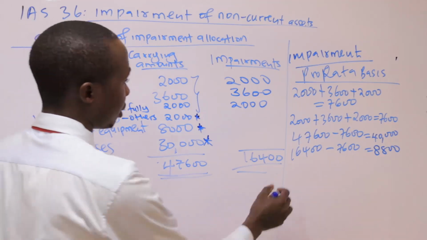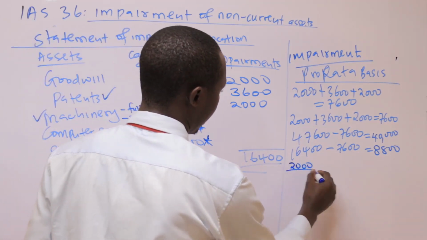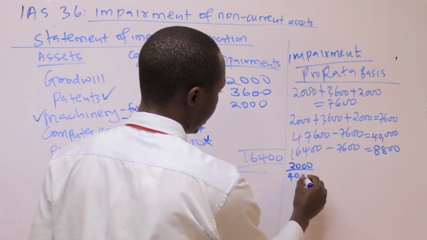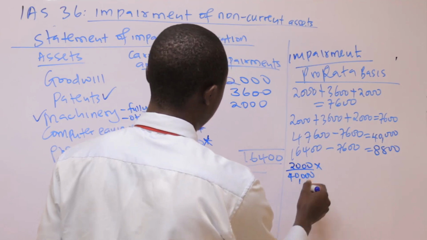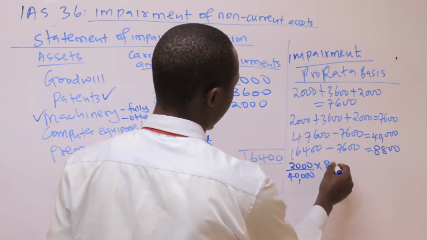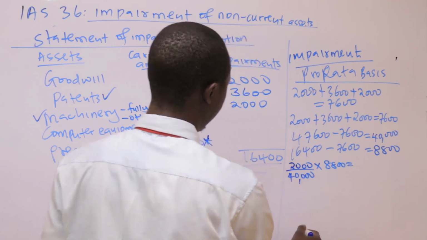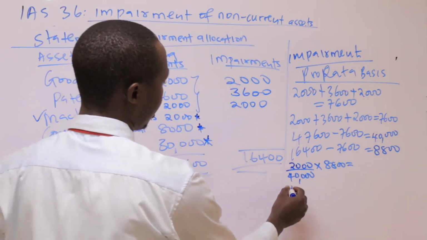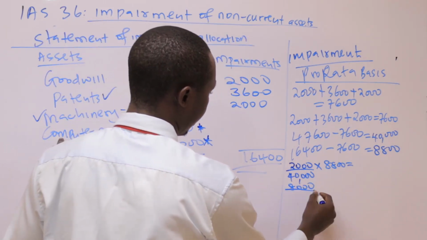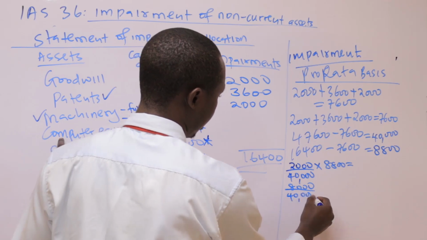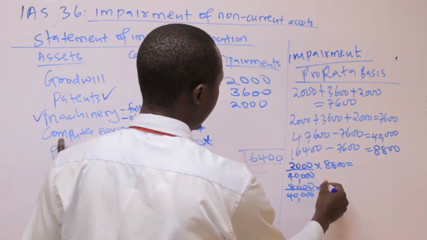So I will take 2,000, divide by 40,000, times 8,800. For the computer equipment, I will take 8,000, divide by 40,000, times 8,800.